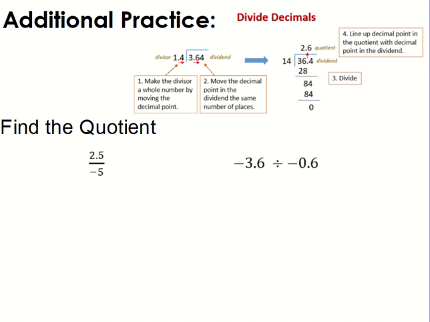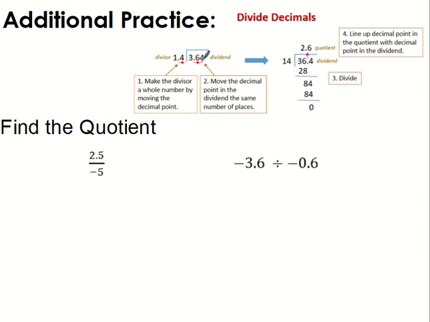Okay, so for dividing, we've got our divisor, the number we're dividing by. We have to make sure that our divisor is a whole number. So we're going to move the decimal point however many times we need to, 1, 2, or 3, until it is a whole number. You can see they moved it 1 time. And once we move it in our divisor, we have to move it also in our dividend, the number we're dividing.